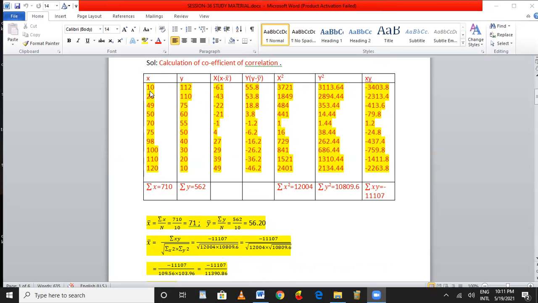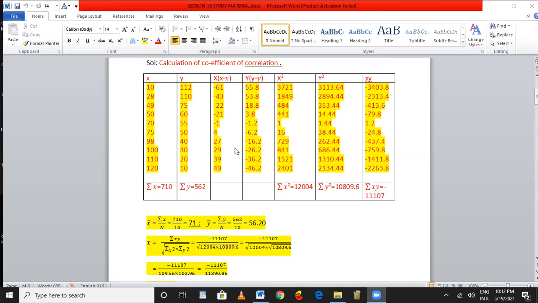First series values are 10: 10 minus 71 is minus 61. 28 minus 71, minus 43. 49 minus 71, minus 22. 50 minus 71, minus 21. 70 minus 71, minus 1. 75 minus 71, 4. 98 minus 71, 27. 100 minus 71, 29. 110 minus 71, 39. 120 minus 71, 49.